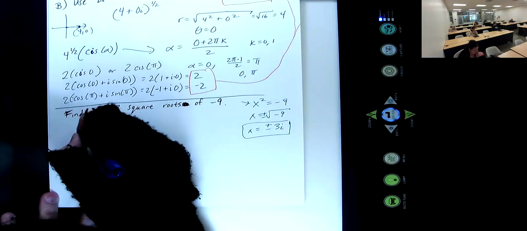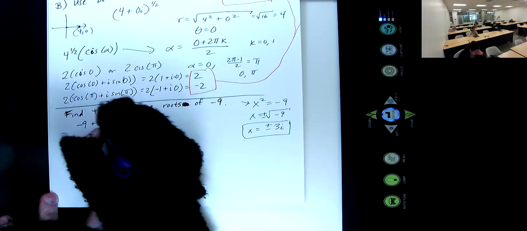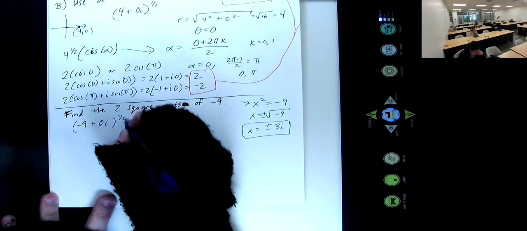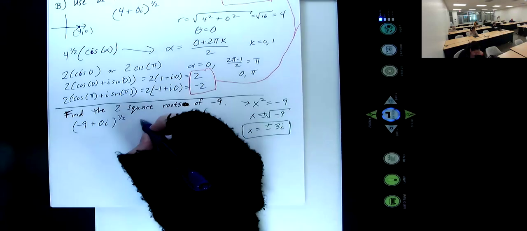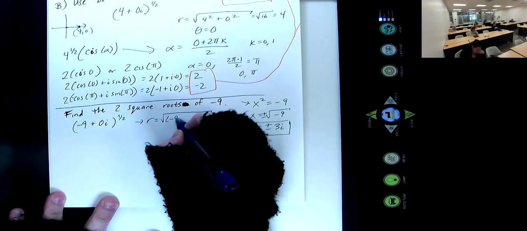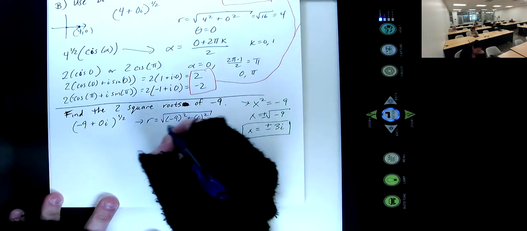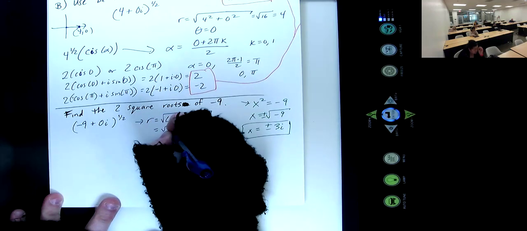We're doing -9, there's no complex part of that. So that's -9 plus 0i to the 1/2, that's what we're looking for, using De Moivre's theorem. So r is going to be the square root of -9 squared plus 0 squared, which is the square root of 81, which is 9.